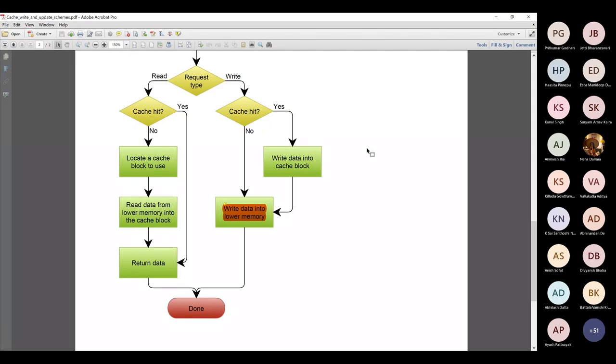This can be useful when the processor is performing a lot of writes to IO buffers which are memory mapped. We studied memory mapped IO in one of the classes. I will again cover it maybe tomorrow, maybe on Thursday as a refresher because most students were absent. IO devices in modern computers are often mapped to special memory locations, and writing and reading data from them happen through memory accesses.